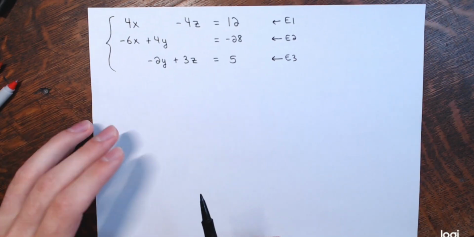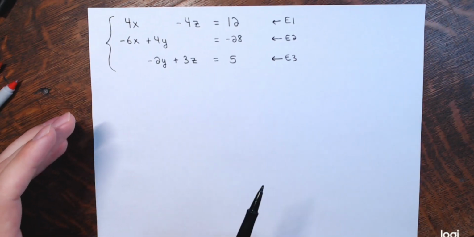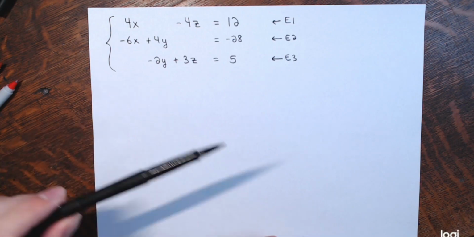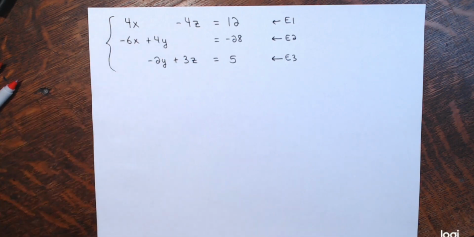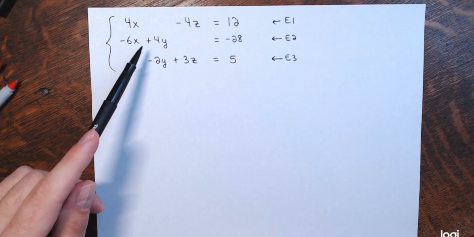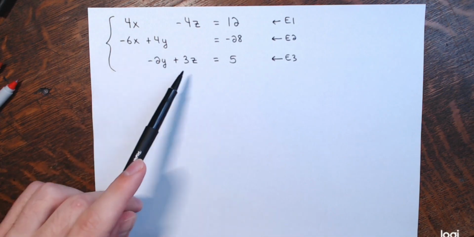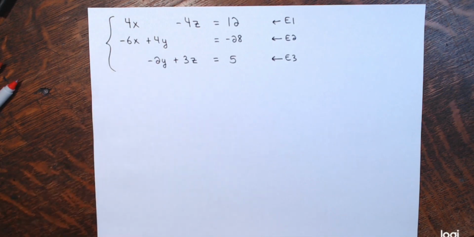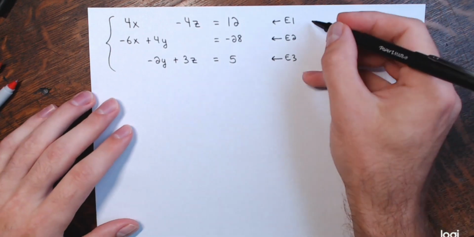All right, now you may notice that not all three equations have all three variables. The first equation has just x and z. The second equation has just x and y. The third equation has just y and z. So just pick one of these. I'm going to pick the first equation. I'm going to keep that one.